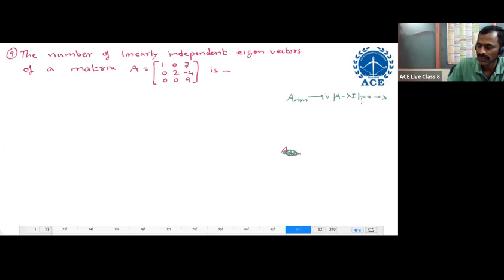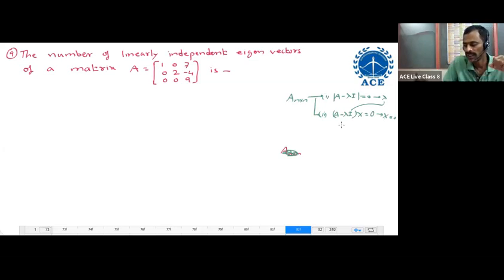We solve for lambda, and then after getting the lambda values, we solve the homogeneous system for each value of lambda. For this matrix, lambda 1, lambda 2, lambda 3. For lambda 1, we get x1. For lambda 2, we get x2. For lambda 3, we get x3. After getting x1, x2, x3, we check whether all the eigenvectors are independent or only some are independent. We require the number of independent eigenvectors. This is the method only.